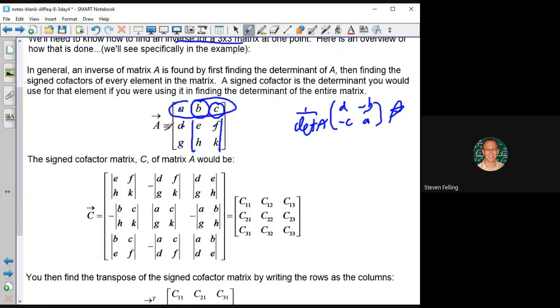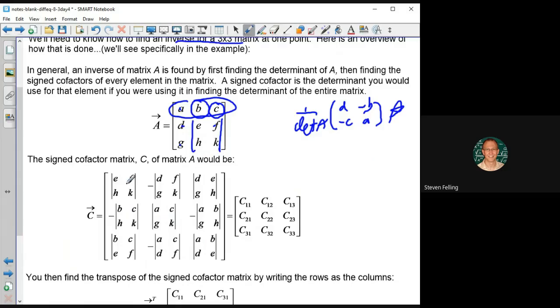You could do that for all of the entries in the matrix. For example, this one in the middle is positive, and the signs alternate: positive, negative, positive, negative, positive, and so on. This one would be positive, but we would be omitting this row and this column, so it would be A, C, G, K. So this is the signed cofactor matrix, where the plus and minus signs are accounted for, and it's all the little determinants that you have to multiply these coefficients by.